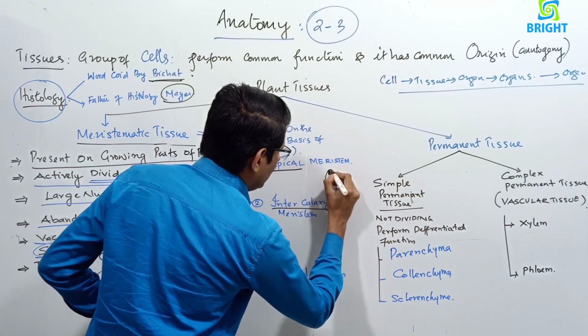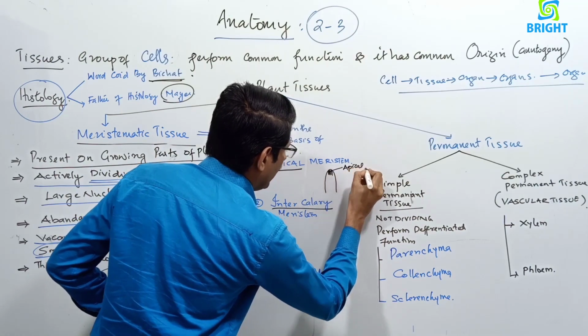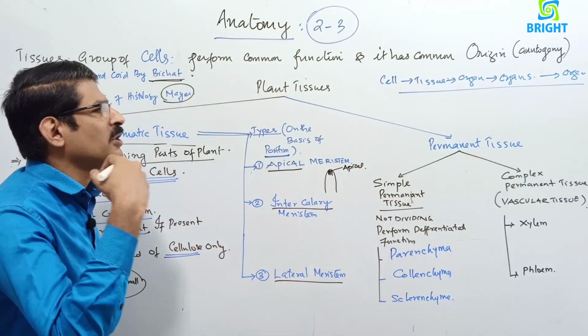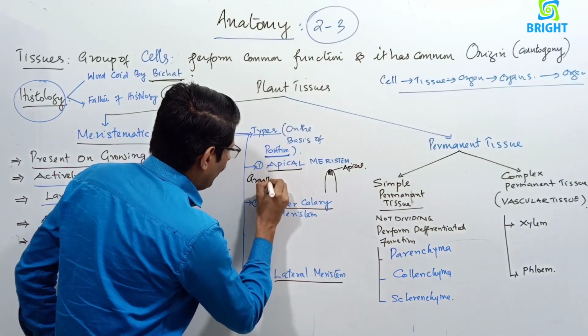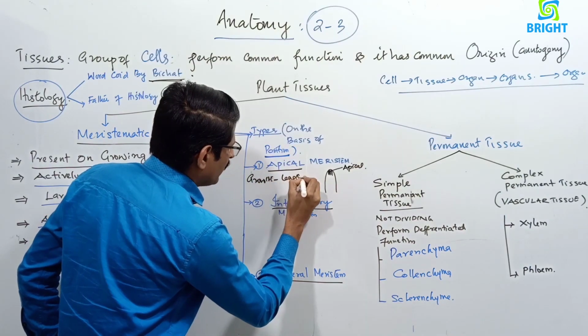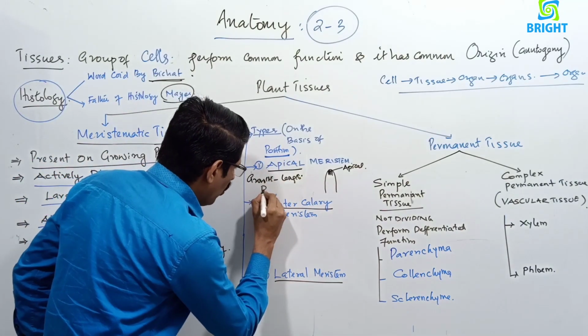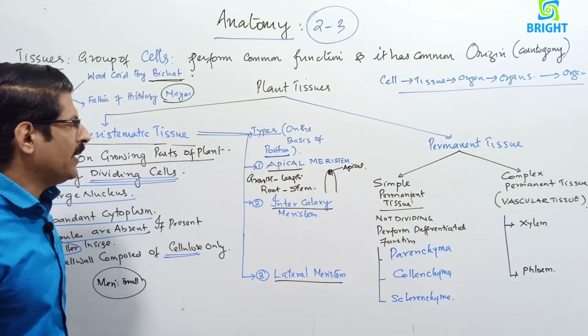This group of cells undergoes active cell division, and that results in the growth of the plant in length. So apical meristem is present in the apices of root and stem.